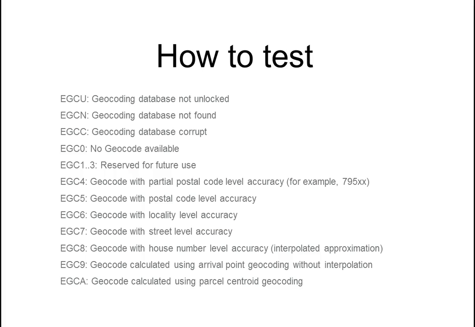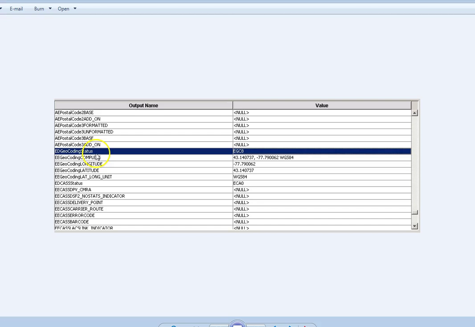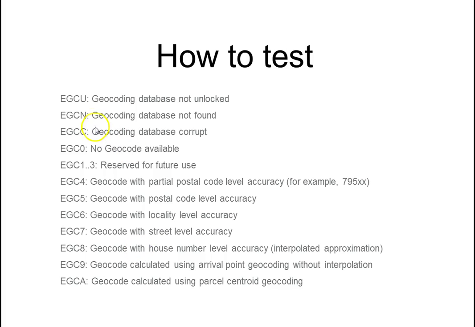Once you configure this geocoding and restart the application server, you can go to the Address Doctor and check this. There is a field called ED geocoding status. This output field contains a value, based on which we can determine whether this is configured correctly or not. These are all the possible values which can show the geocoding status.